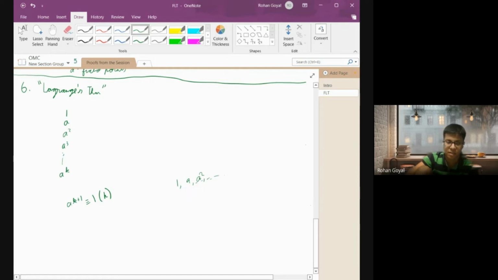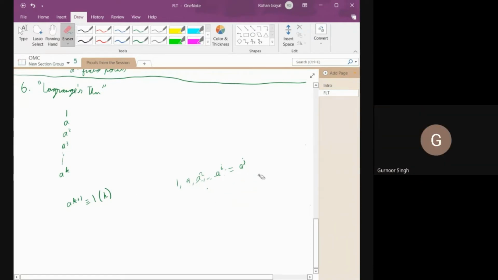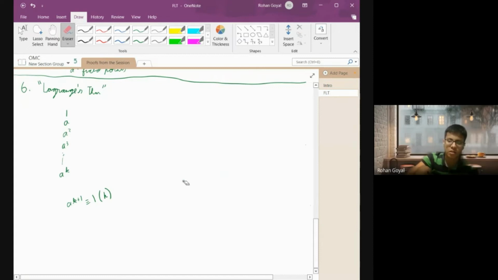Let's say a to the i is equal to a to the j. Then you'll get that a to the j minus i is congruent to 1 mod p. So at some point this happens. We consider the smallest such point where it happens.